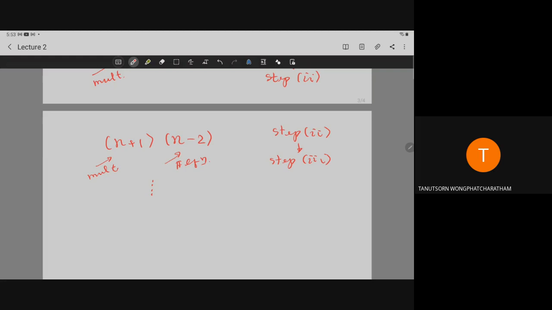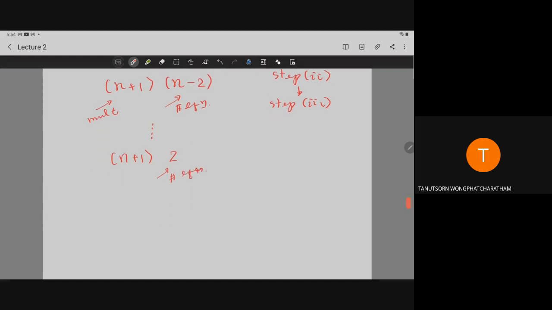And then from 2 equations to 1 equation. So we have to sum this up all the way to 2 equations.